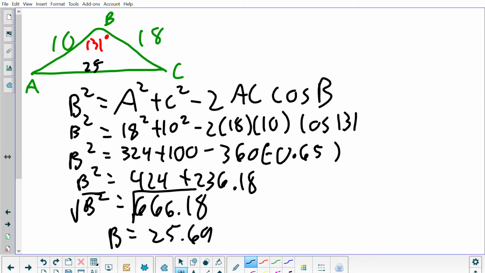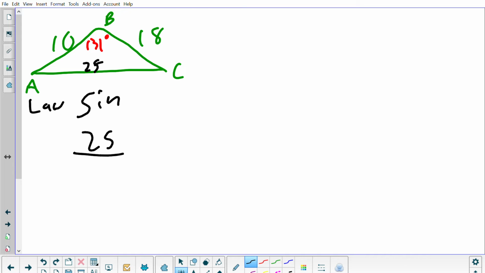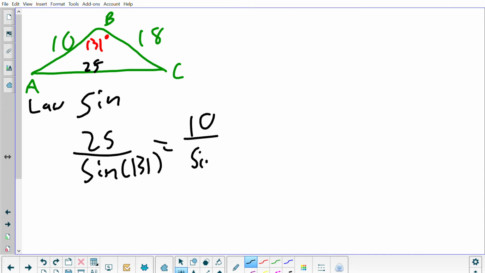Okay. So now that I have all these sides, I could then do law of sines, and then do 25 over sine 131 is equal to 10 over sine C to figure out this angle.